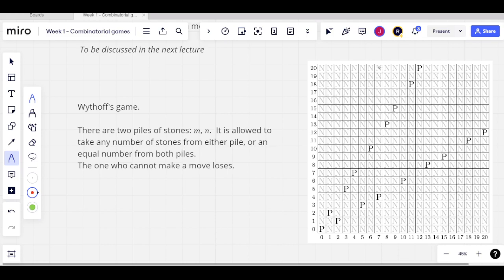For example, if we are located at this point, we can make moves like this, or like this. Okay, and we will solve this task using DP, dynamic programming.